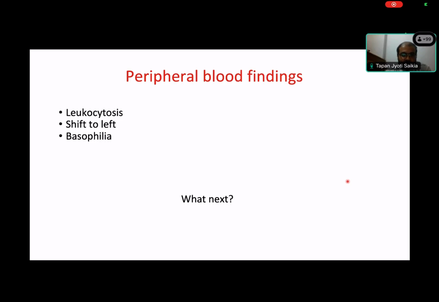Correct. In bone marrow you are supposed to have normal erythroid precursors, but in peripheral blood you are not supposed to have erythroid precursors. So we cannot use the term myeloid preponderance in peripheral blood findings. What we can say is that there is leukocytosis, shift to left, and basophilia.